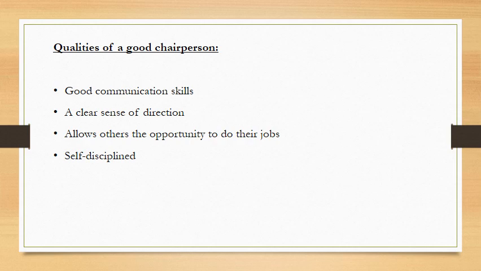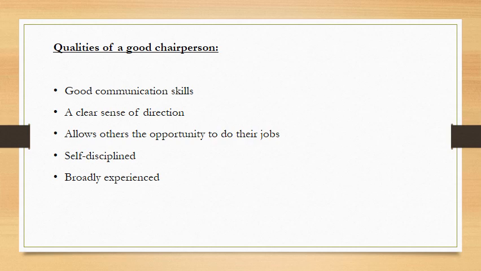A chairperson must not lose control. They must have self-discipline, be able to remain calm under extreme situations. Okay, so yeah, that gossiping, I tend to do that. I tend to use real life examples, so bear with me.